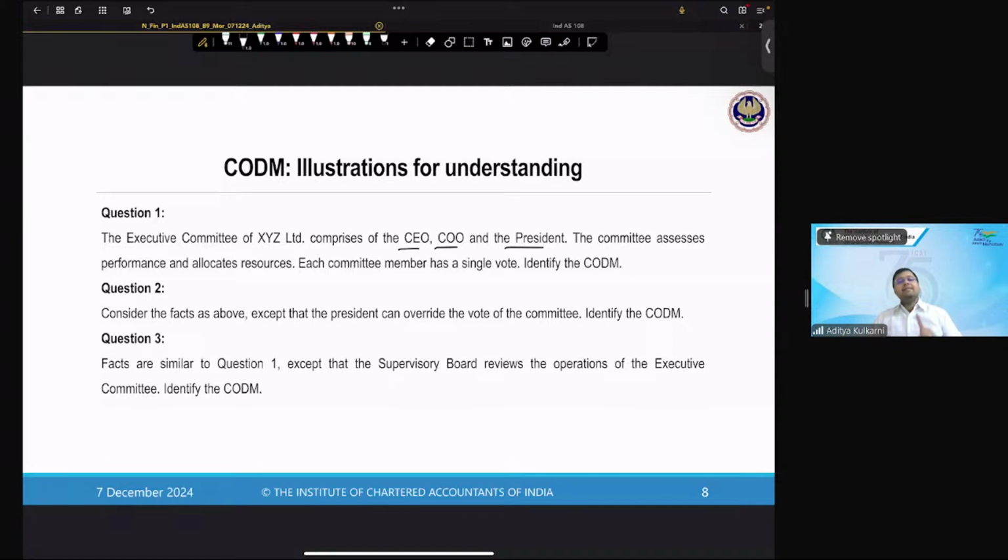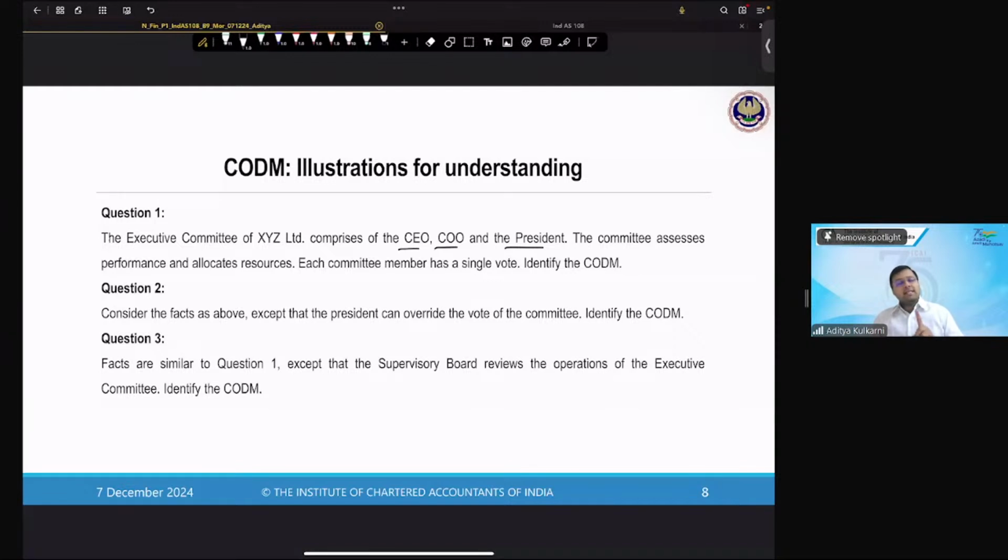Each of them has one vote: the CEO, COO, and president. So obviously the decisions will be taken on a majority basis. So is one person individually deciding, or is the committee as a whole taking these decisions? The committee as a whole is taking the decisions.